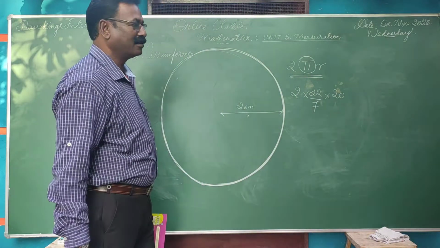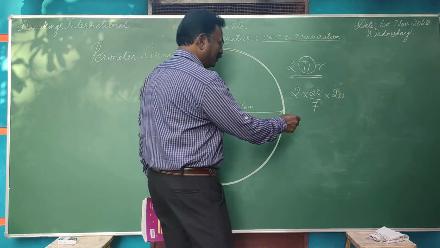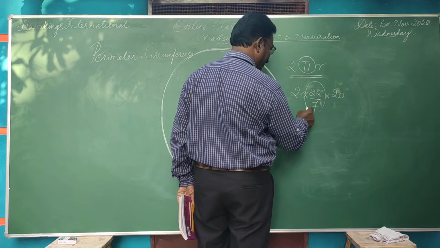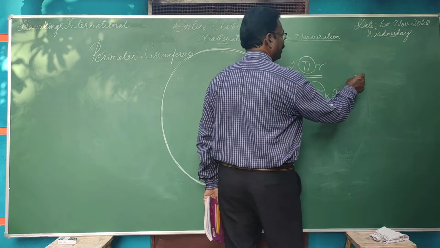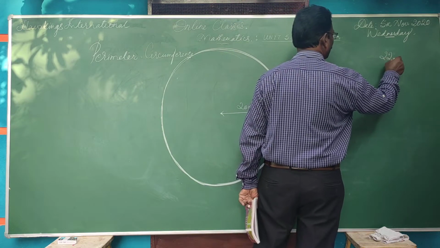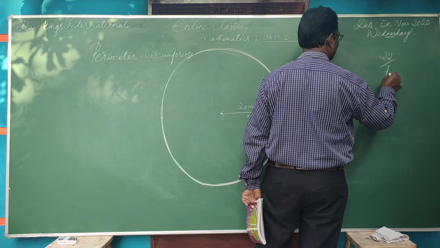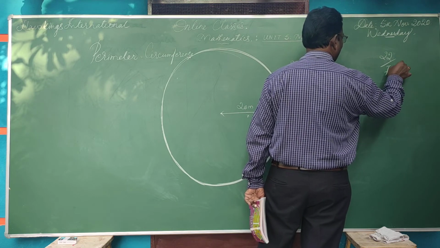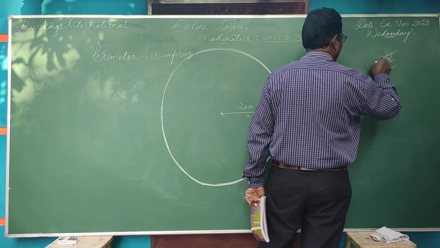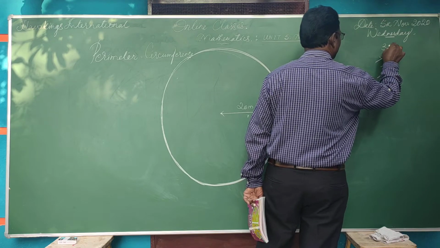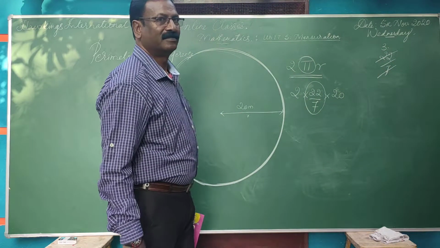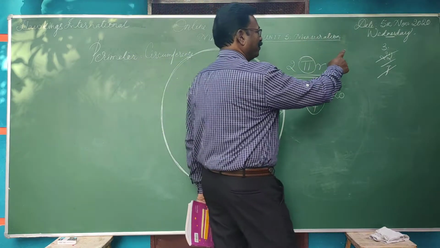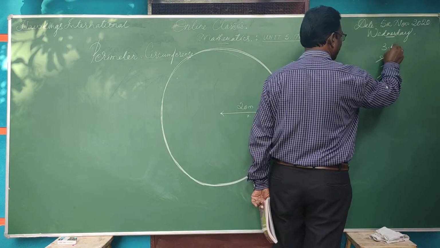You can calculate. A simple method of calculating, always keep in your mind, for example 22 by 7, if you divide it, 7 3s are 21, remaining 1 is there. By adding 0 now, then automatically you get 1.